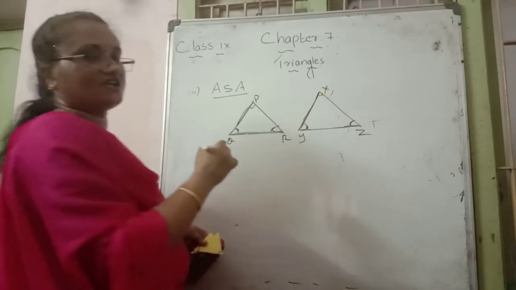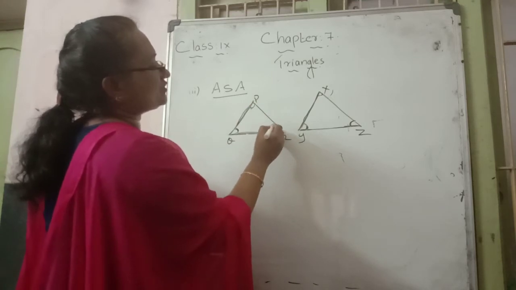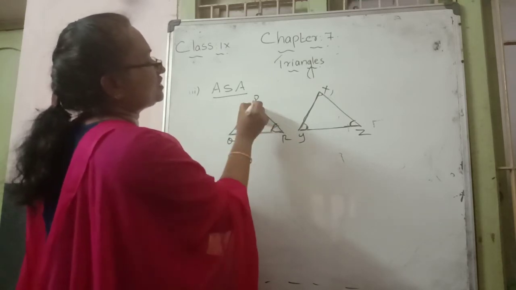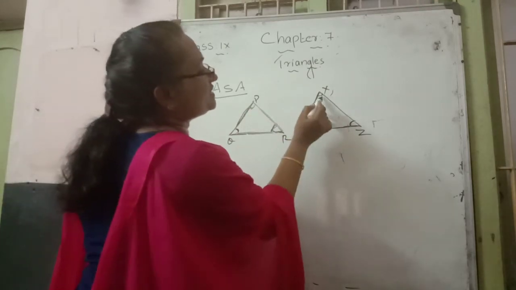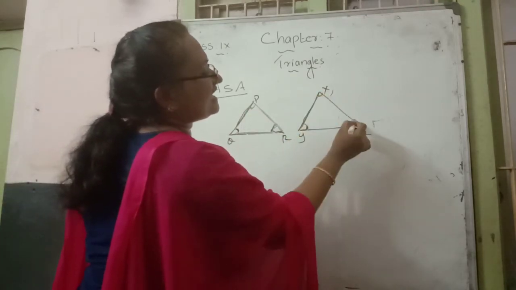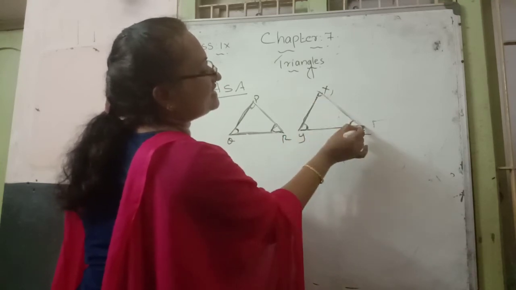XY. Suppose you take P and R angle of the first triangle, the included side is which? PR. Then the corresponding side means angle X and angle Z both include which side? XZ side.